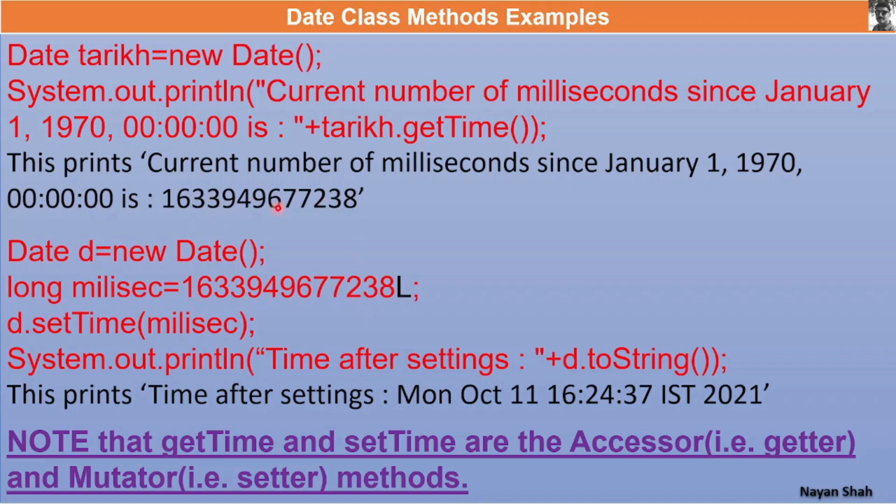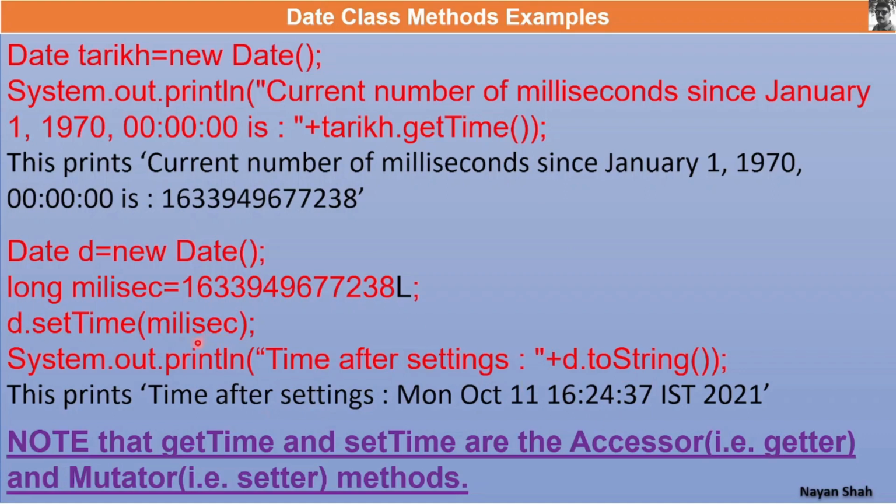I have taken this same number here so that vice versa you can understand, and capital L indicates this is a long value. Now d.setTime with this milliseconds in brackets, and then you print time after setting. So this will print time after setting would be Monday, October 11, 16:24:37 IST 2021.